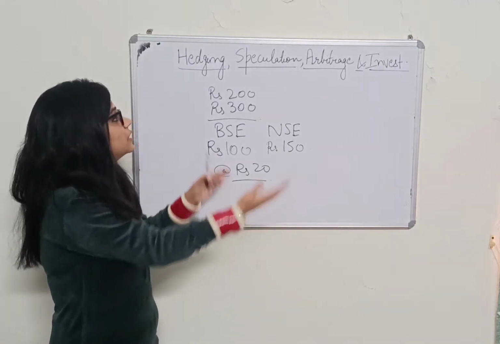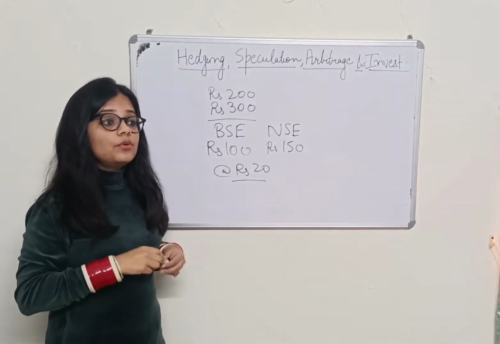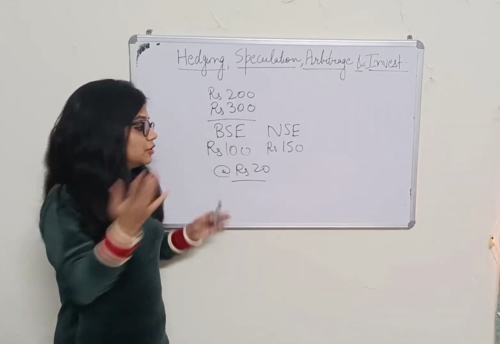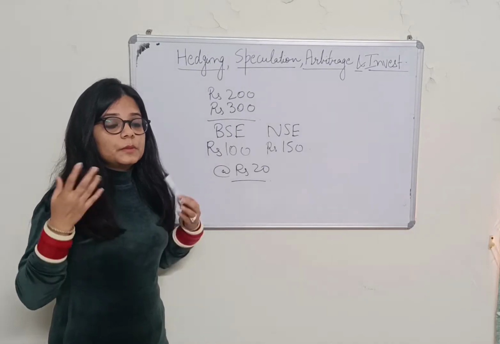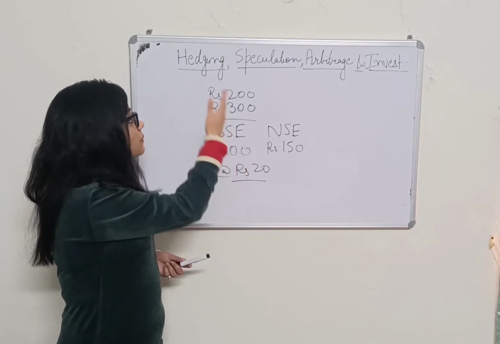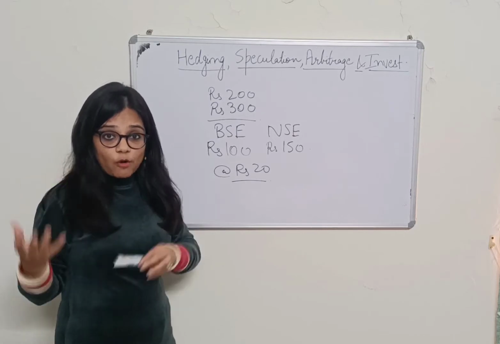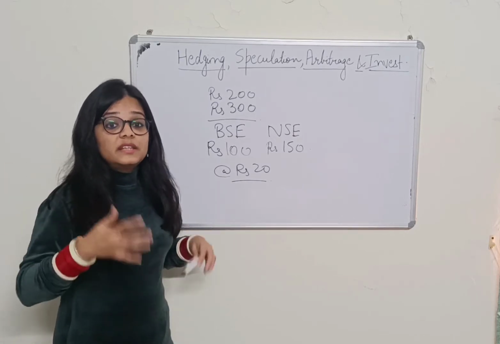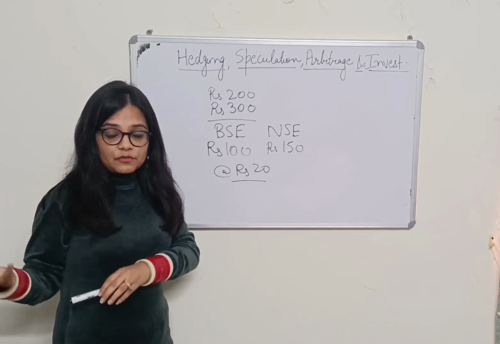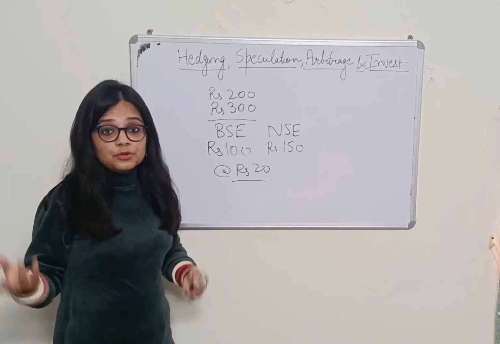So this is the work of a hedger, or you can say this is called hedging, when a person protects himself from the risk which can arise in future. So all the people who have the business of import and export, they protect themselves from risk by hedging, which means they can enter into a forward or futures contract because they are afraid of the change that can happen in future in the foreign exchange rate. अगले 1 महीने के बाद डॉलर का क्या प्राइस होगा उन्हें क्या पता.